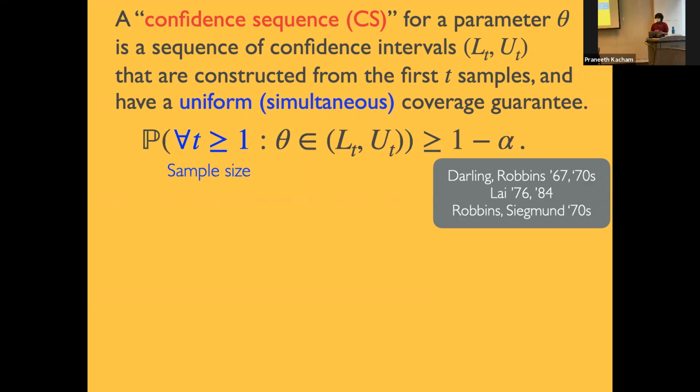What I mean is that the probability that for all t from 1 to infinity, theta lies in this [L_t, U_t], which is a good event meaning my interval actually covers the unknown parameter, happens simultaneously over all time with probability at least 1 minus alpha. The fact that the for all is inside the probability is what makes it simultaneous or uniform.